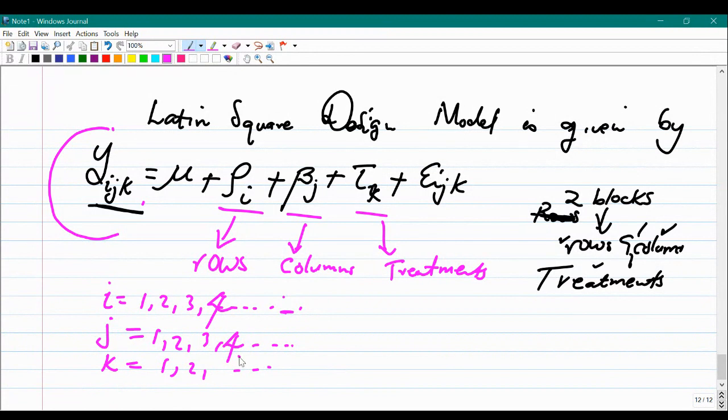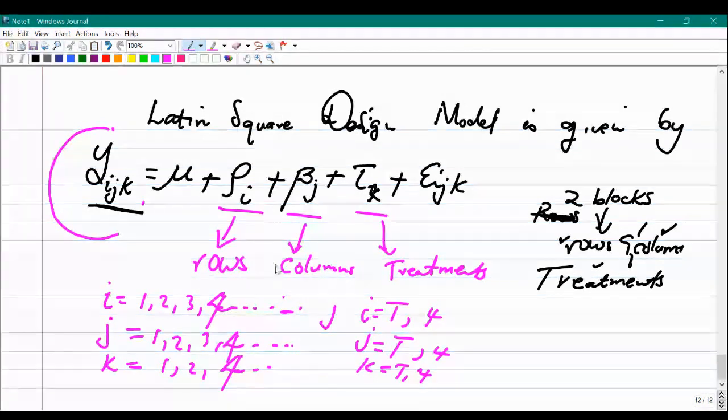How many treatments? 1 to 4. So the shortcut is you can simply say i is equal to 1 to 4, j is equal to 1 with a dash on top of the 1, meaning up to 4, and k, 1 up to 4. So you are defining, but you are not done.